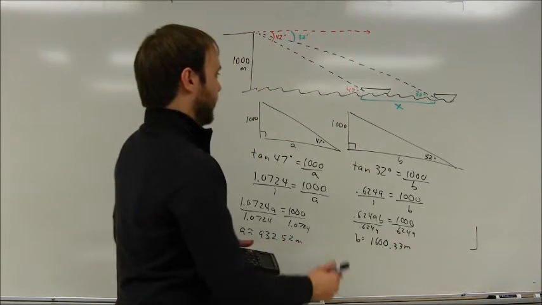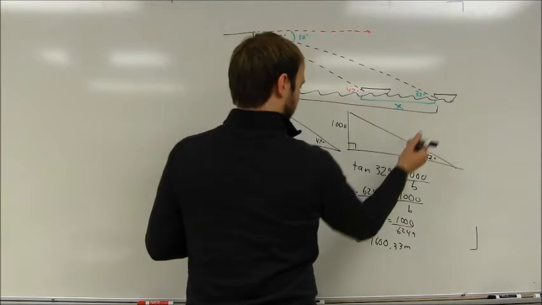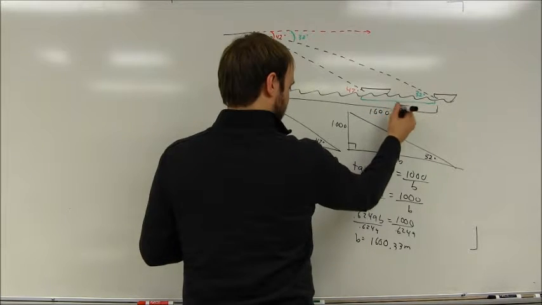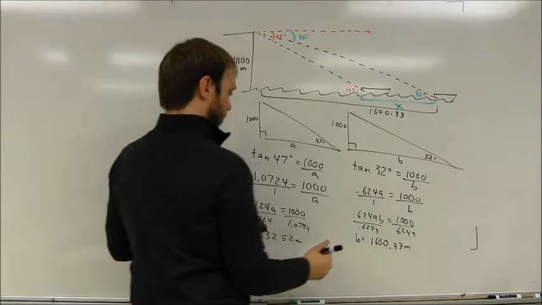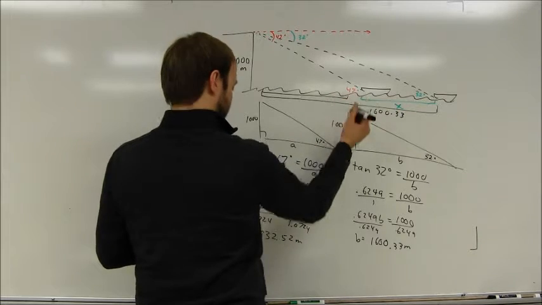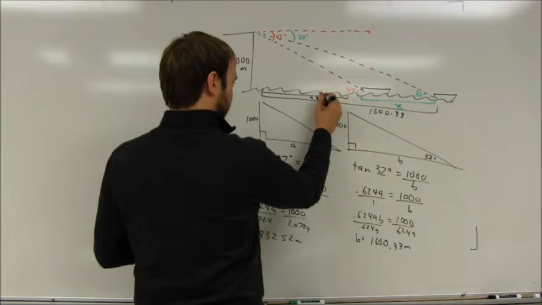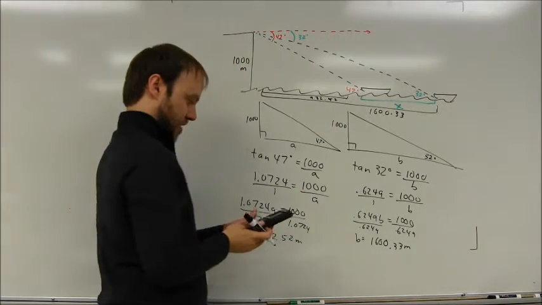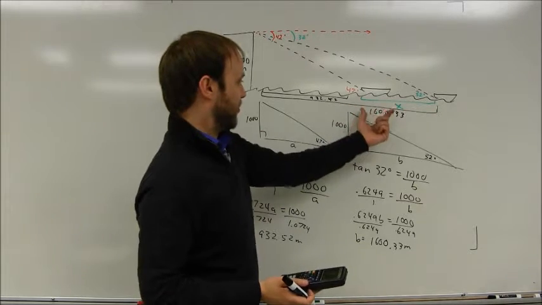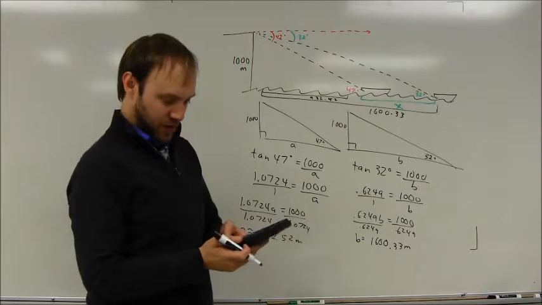meters. Okay, so we put this all together. This boat is 1,600.33 meters away from shore. The other boat is 932.52 meters away from shore. If I subtract those two, it's going to tell me how far apart my two boats are.